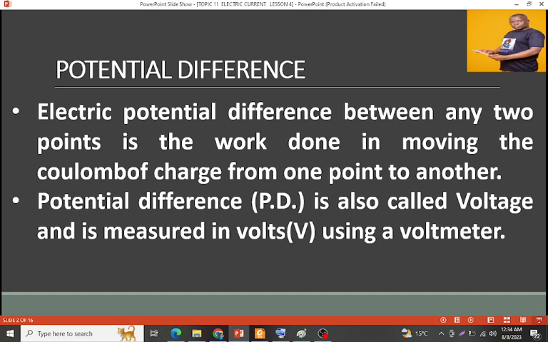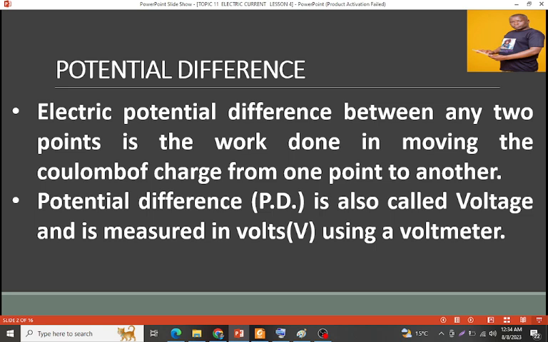So potential difference is synonymous with voltage. You can use the two terms voltage and potential difference to refer to this work done on the charge. Without voltage there can never be current. We need voltage in order to bring about electric current.